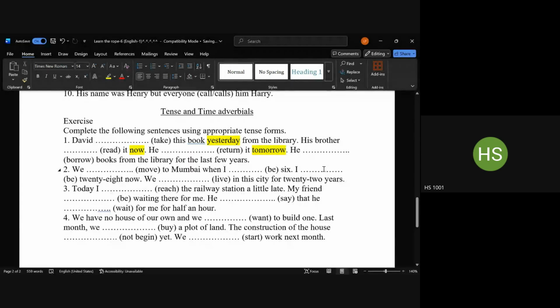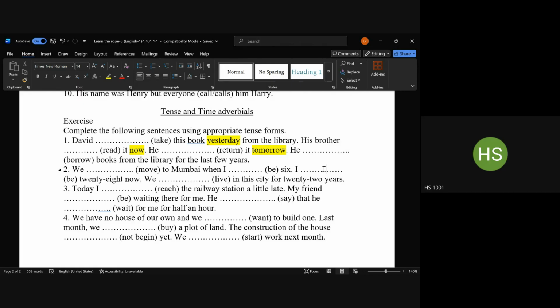He dash borrow books from the library for the last few years. For the last few years has been happening over a period of time, right? It has a connection with the remote past and is continuing now.